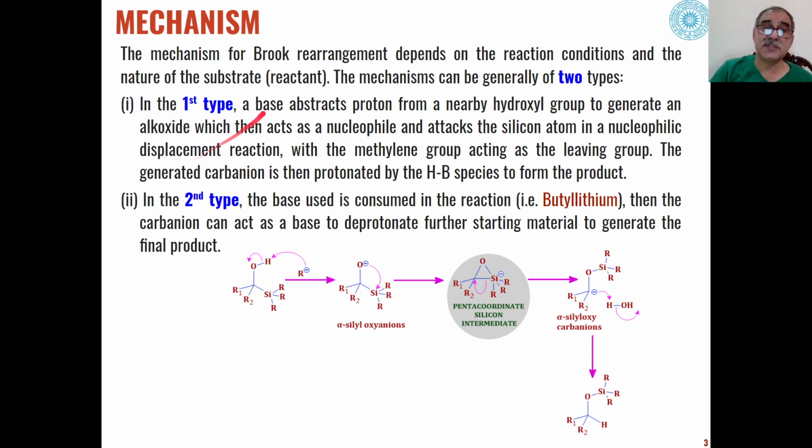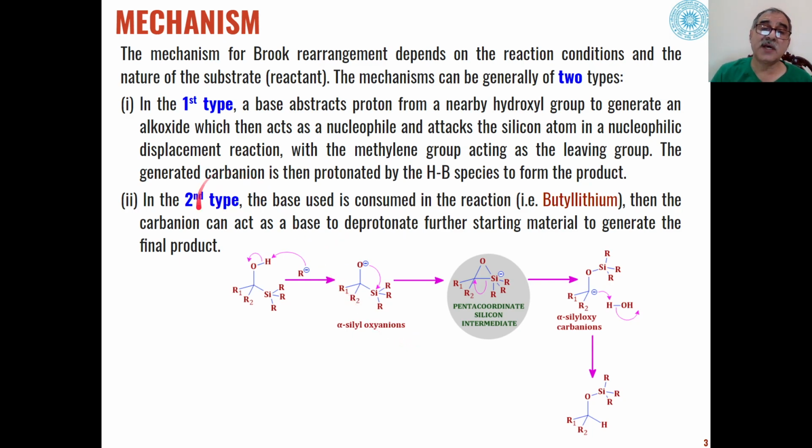In the first type of reaction, the base abstracts the proton from the nearby hydroxyl group, and an alkoxide is generated, and this alkoxide will act as a nucleophile and attack the silicon atom in a nucleophilic displacement reaction, and then the methylene group will act as a leaving group, and the carbanion generated is then protonated by the acid-base species to form the product.